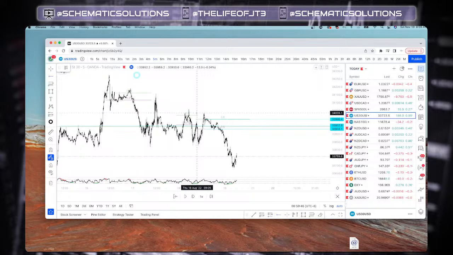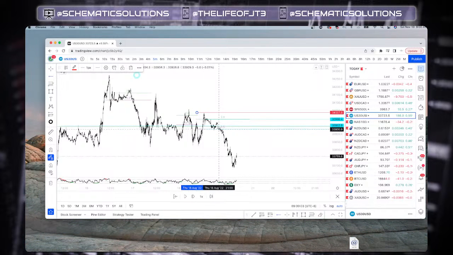Ideally I wouldn't want to see price push above here, correct? And the reason why is this is that last point of order flow. Everything else above this has been mitigated. So 50 and 80% covering this high. So maybe we look at splitting our risk between 50% here covering this high and 80% here covering this high.